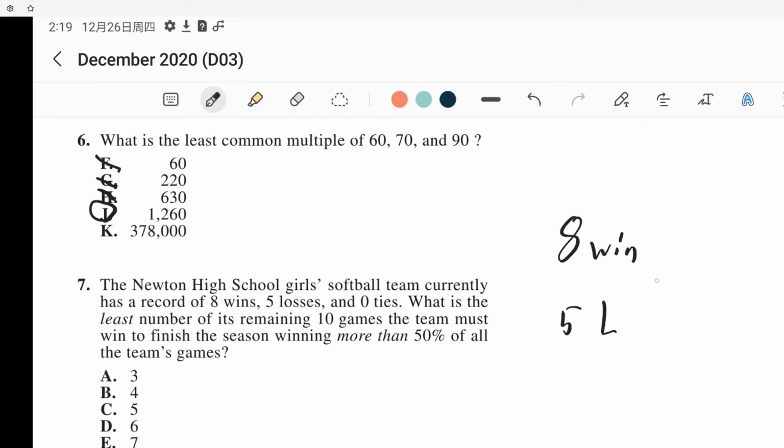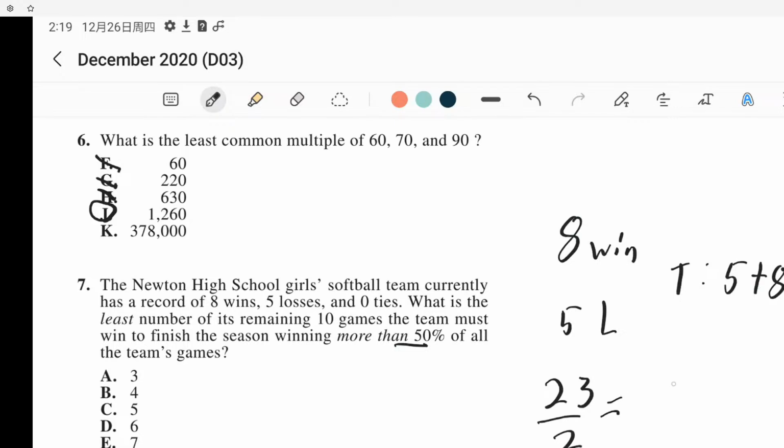So we have a total of games of 5 plus 8, which is 13. So remaining 10 more games, so we have a total of 23 games. And so we want to have more than 50%.